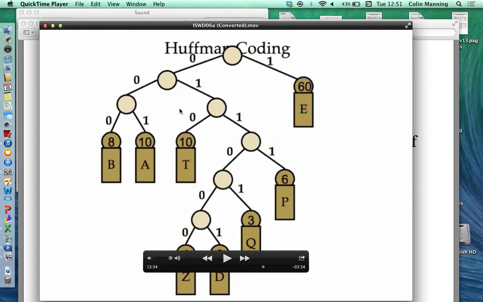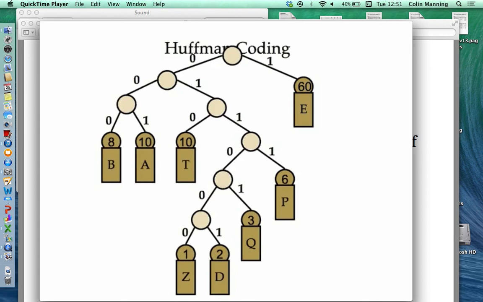Whereas a D would be 0, 1, 1, 0, 0, 1. You'll notice that because of this tree structure, the prefixes are never a problem. It's impossible to encounter the prefix issue here when it's devised as a tree. Okay?